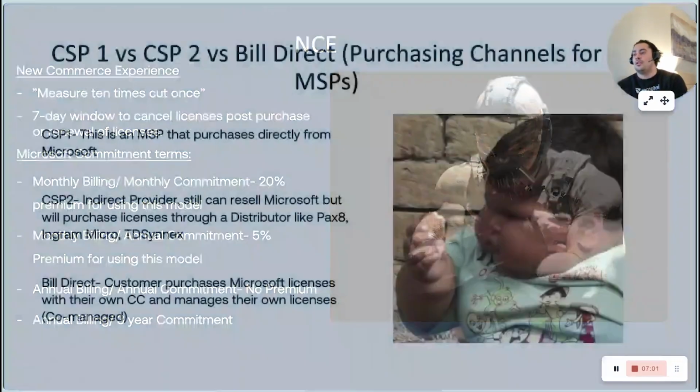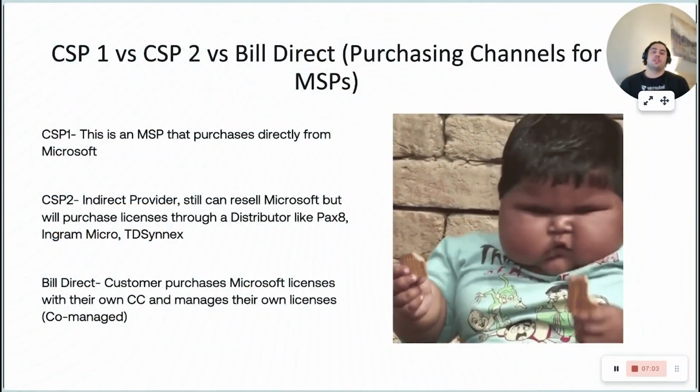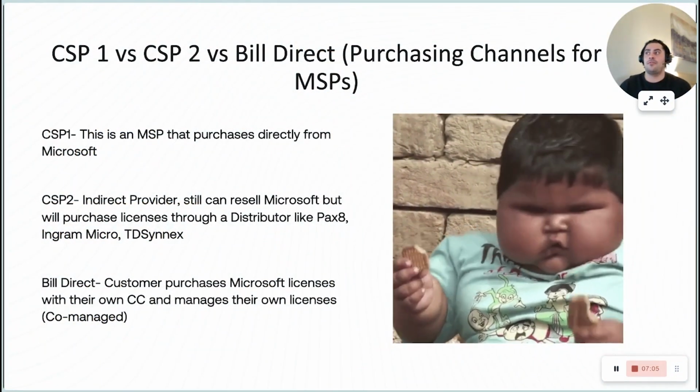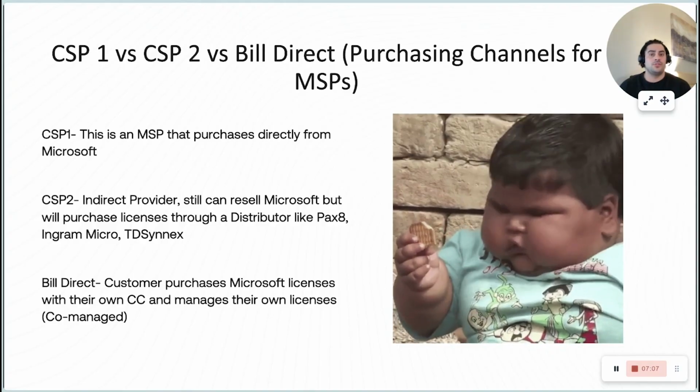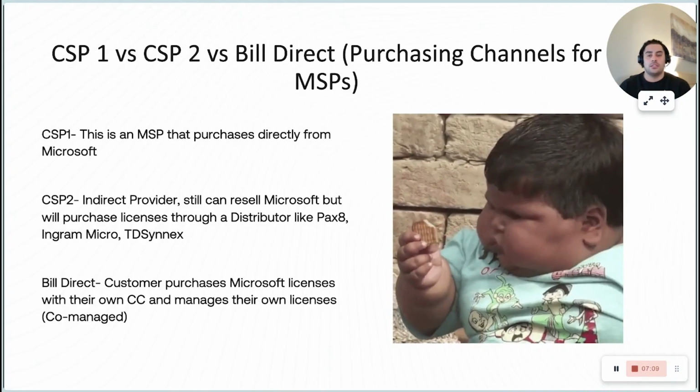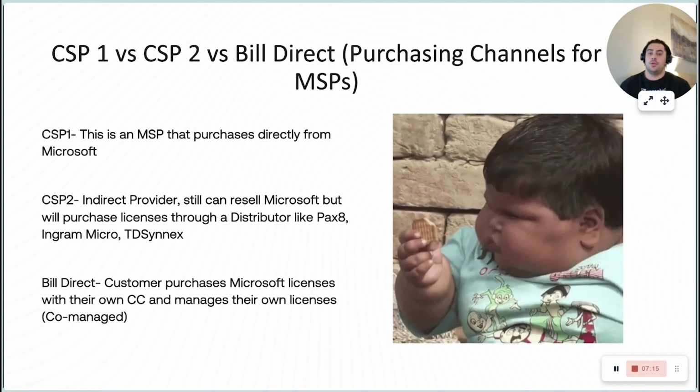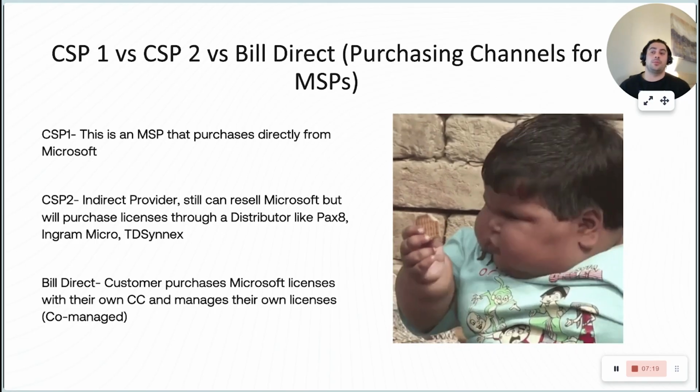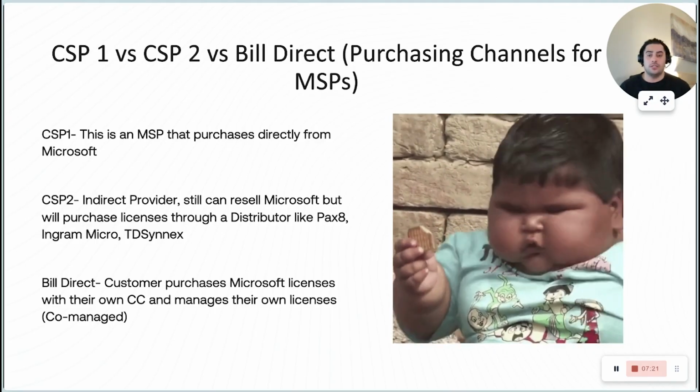So when it comes to actually purchasing licensing, what are the channels that you have? So there's CSP1, CSP2, Bill Direct. These are the 3 different options that you'll have as an MSP to purchase licensing. CSP1 is going to be MSPs that will typically purchase from Microsoft directly.